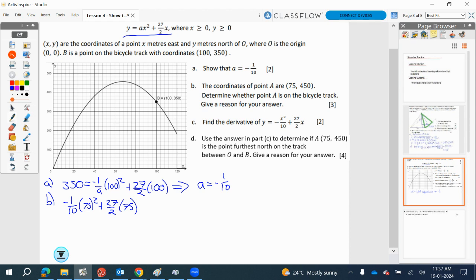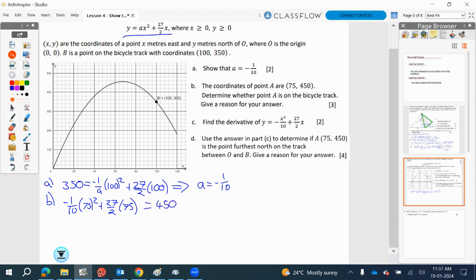Okay, calculate this. What do you get? 450. So we put this in, out comes 450.